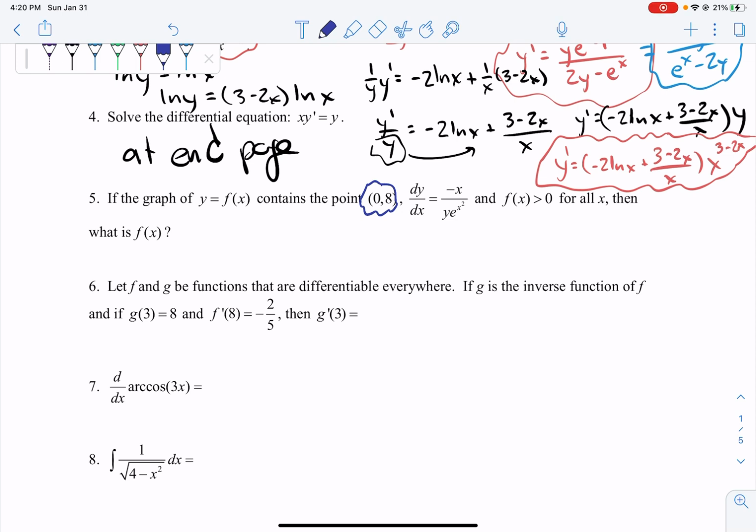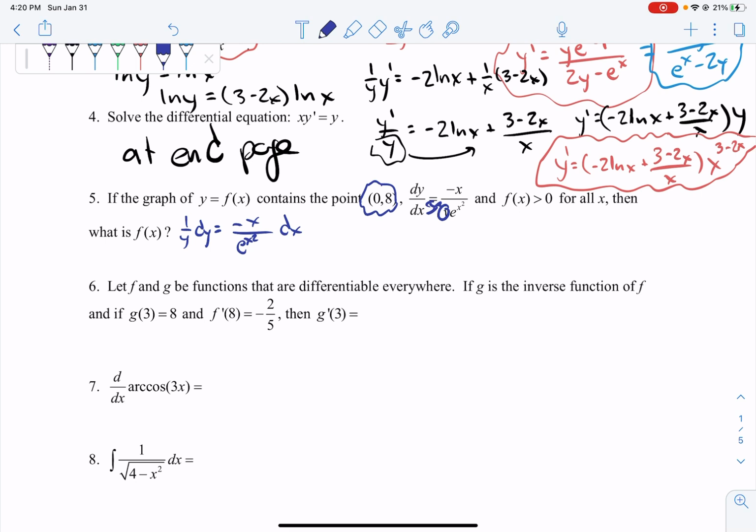All right, so let's clean this up a little bit. Again, I want to separate my variables. So this y I'm going to move over, and the dx I'm going to move over. So we're going to get 1 over y dy is equal to, I've got negative x over e to the x squared dx.